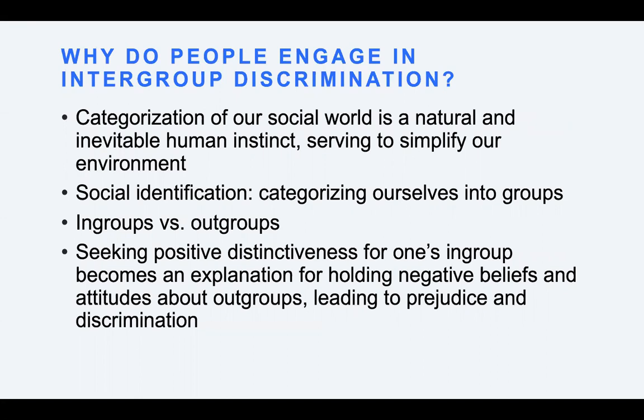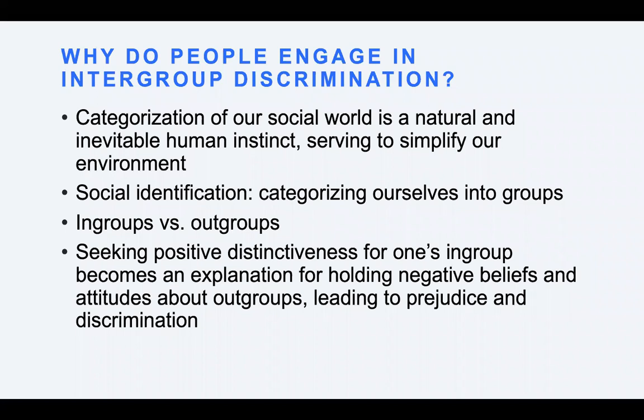So, why do people engage in intergroup discrimination? This is a question that social identity theory is very involved in. As we've talked about, categorization of our world is a natural, inevitable human instinct because we are serving to simplify our environment.